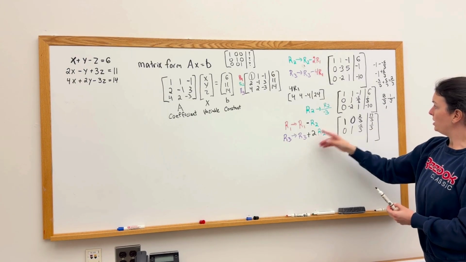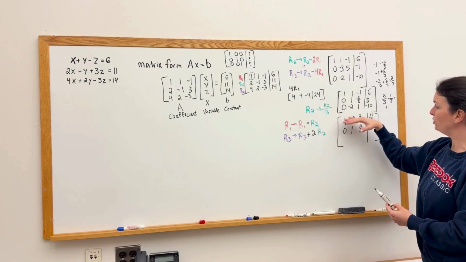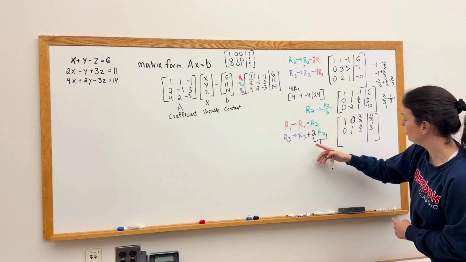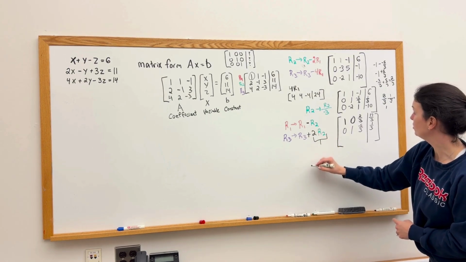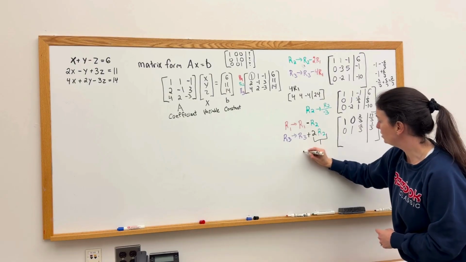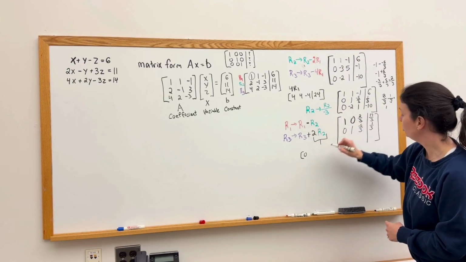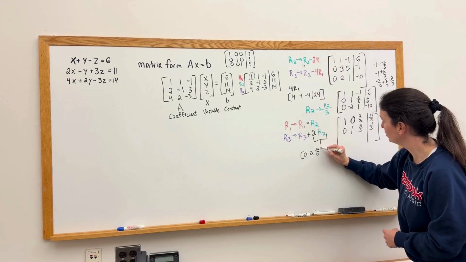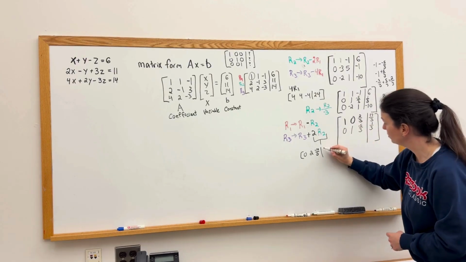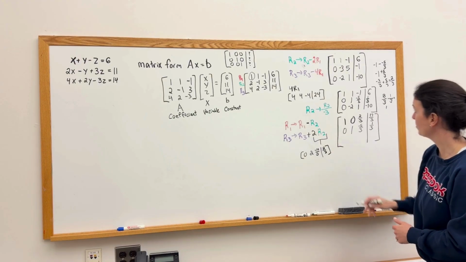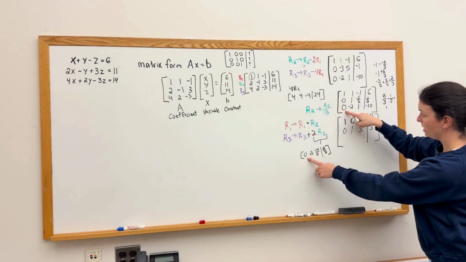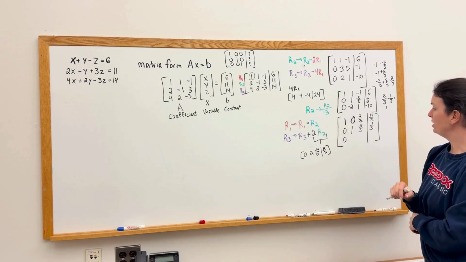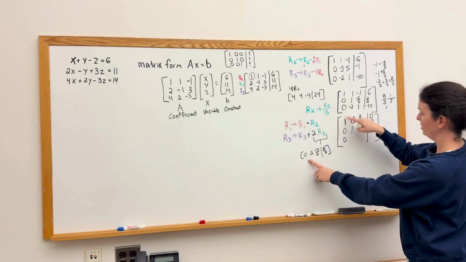Row 3 is becoming row 3 plus 2 times row 2. So just to help us, let me write this out here. 2 times row 2 is 0, 2, negative 10 over 3, 2/3. So 0 plus 0 is 0.